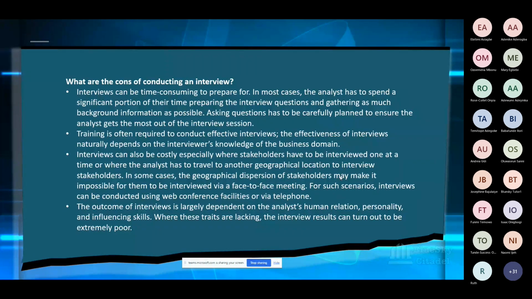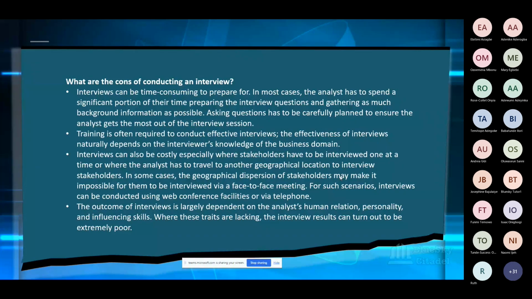But in a situation whereby you have to speak to 20, 50, even 10 stakeholders to get your requirements, imagine the amount of time you will spend going to each of them. I have to speak to Adewumi, I have to speak with Soya, I have to speak to 50 of you guys so that I can get my requirements. That's a lot of time. That's time consuming.